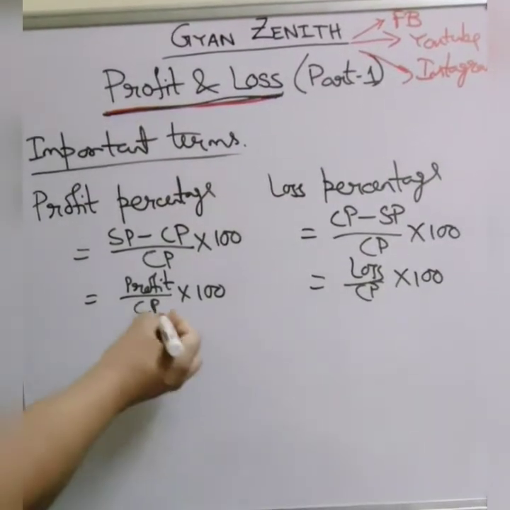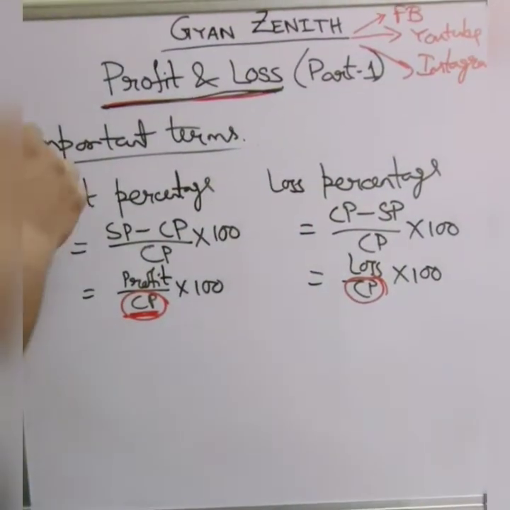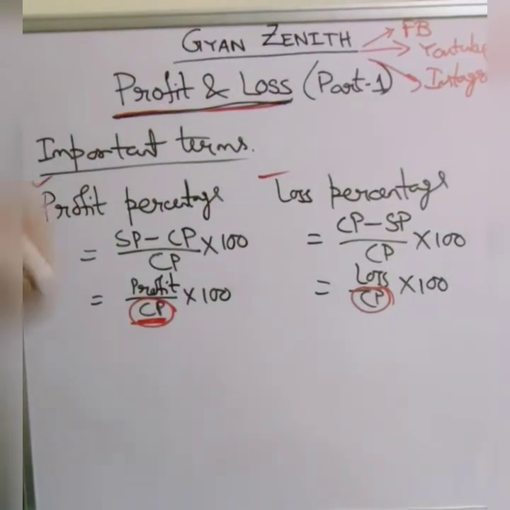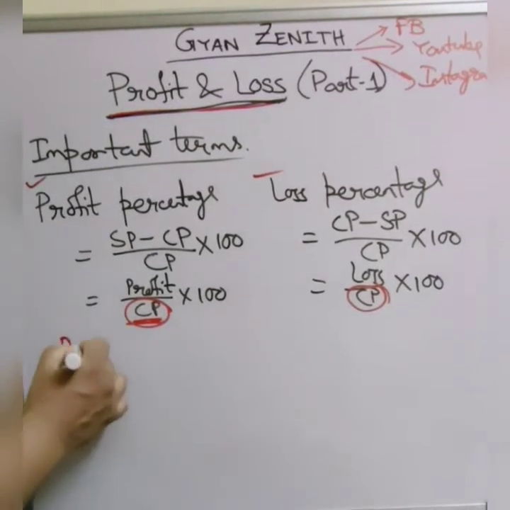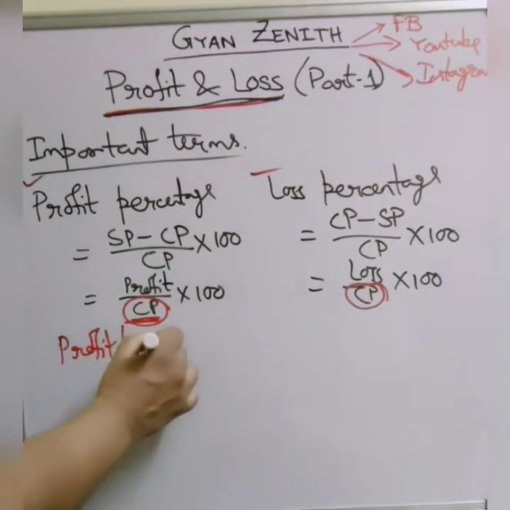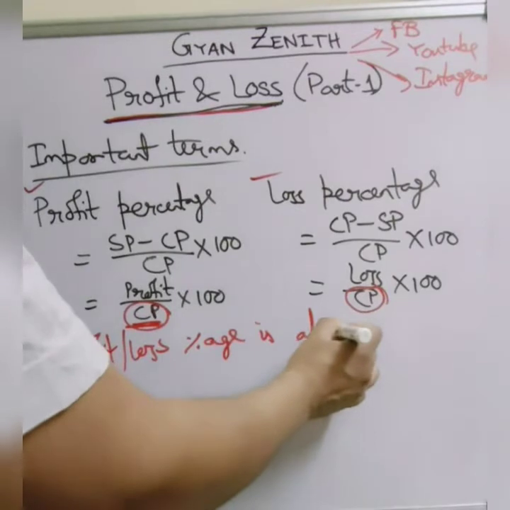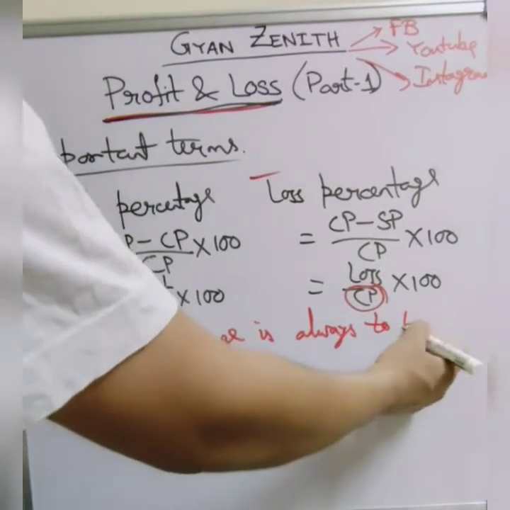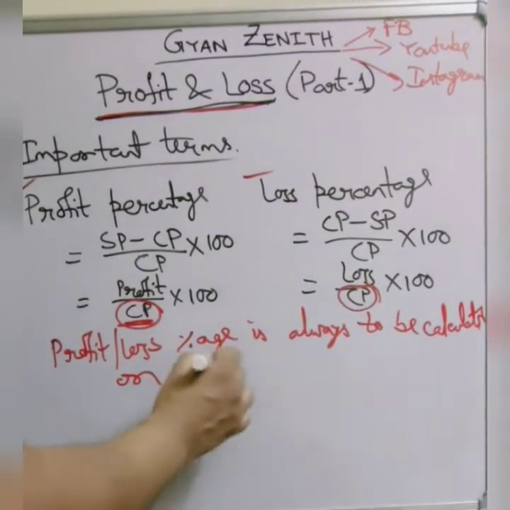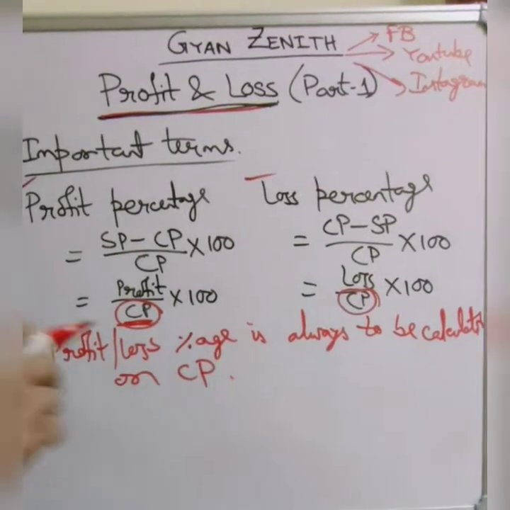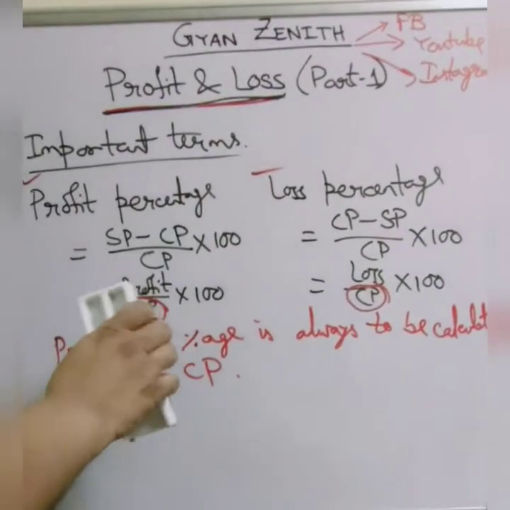If you see, the base is CP for both cases, whether it is profit or loss percentage. So it means profit or loss percentage is always to be calculated on CP. Now let this profit or loss percentage be P%.